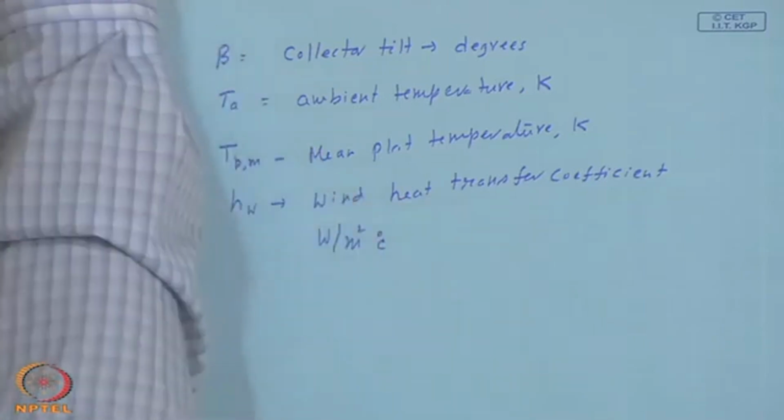So, there is a convenient method of calculating the overall loss coefficient, which will involve an iterative procedure by guessing the cover temperatures for a given operating condition, or the top loss coefficient can be calculated by the correlation due to Klein. Though it is a long expression, it does not involve iterative calculations.